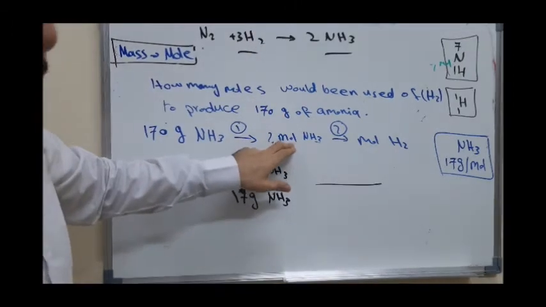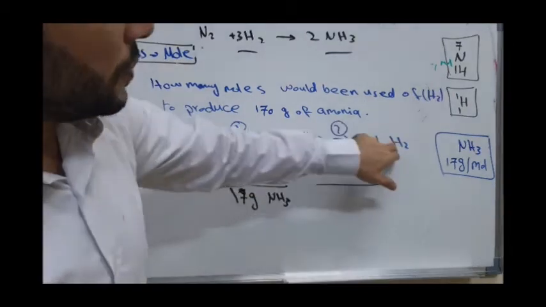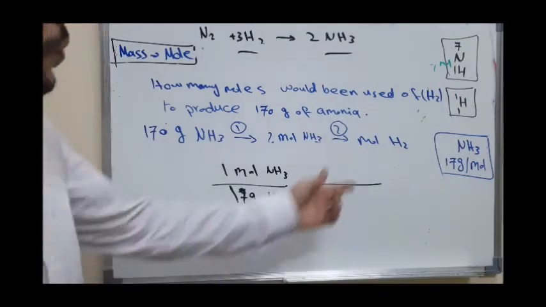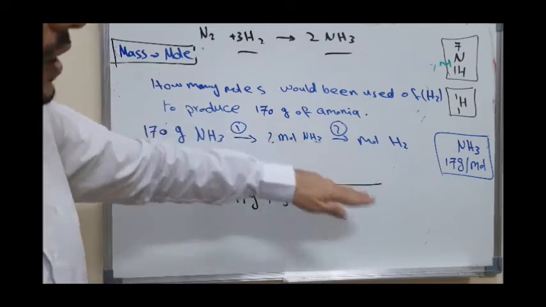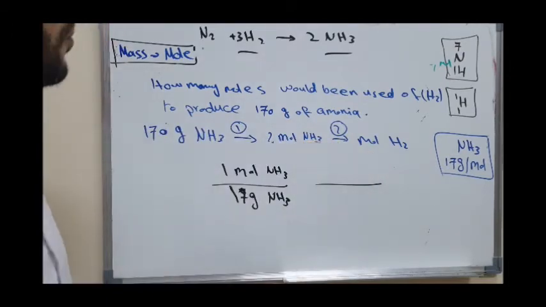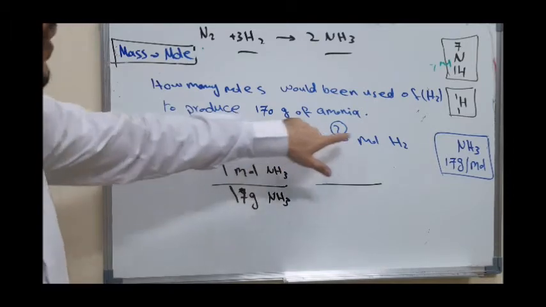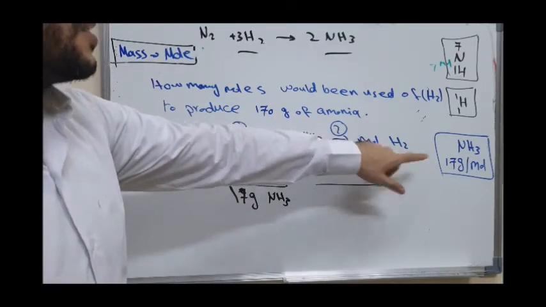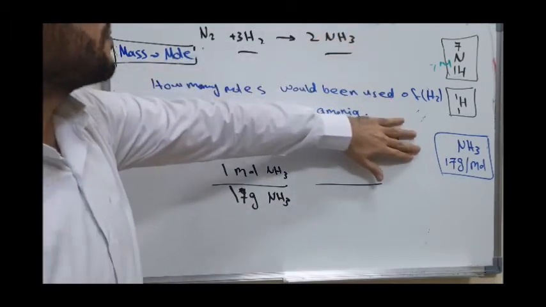We know the number of moles of ammonia, and we want to convert it to moles of hydrogen. So the known will be in the denominator and the unknown in the numerator. The known now is moles of ammonia and the unknown is moles of hydrogen, and we get it from the chemical equation.